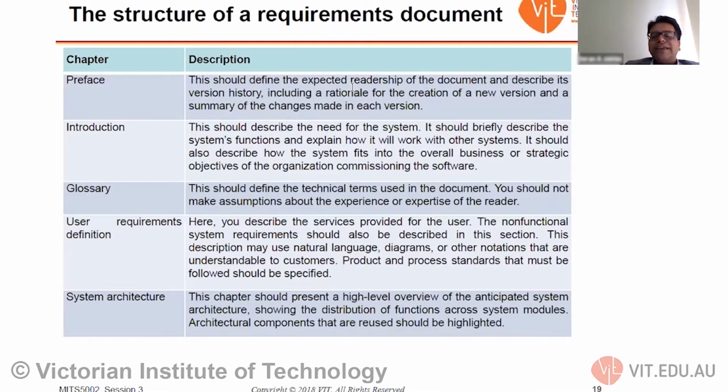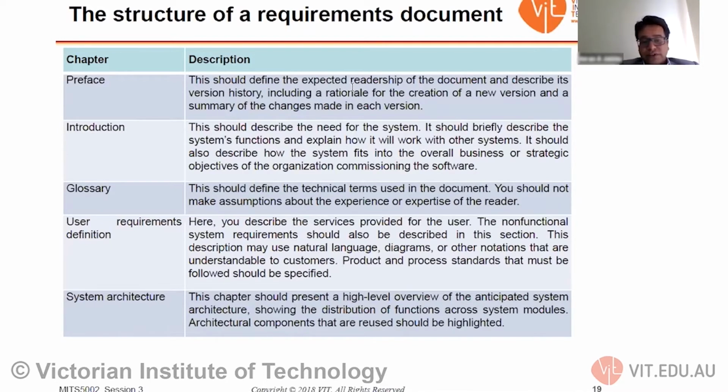We don't make any assumptions when writing the document. There could be certain terminologies which are common sense for you, or which you use in everyday language, but not all users would use those terms. So if you're using some term, explain what you mean by it. Technical terms also we need to define, and not only the technical terms but the other terms too.